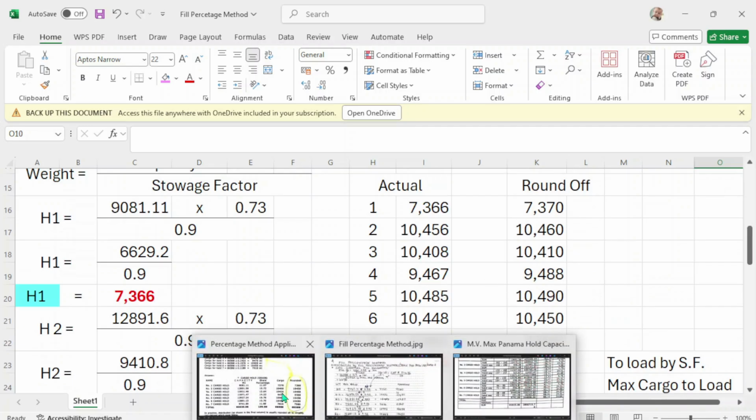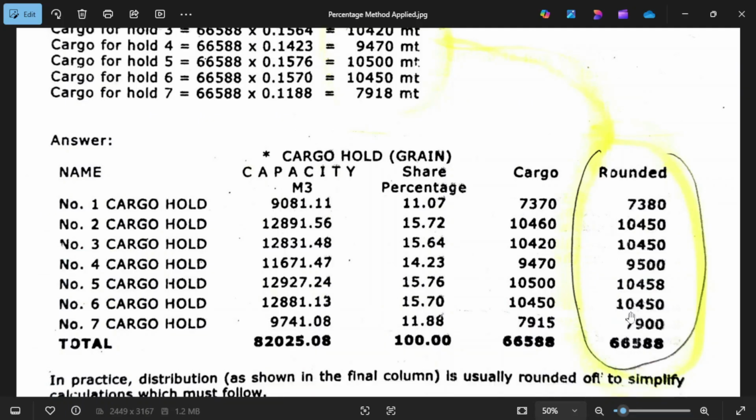you have to put this value in your loadicator, and the loadicator will give the information about the strength of your vessel, the bending moments and shearing force, and the stress. And it will give the trim of the vessel and the draft.